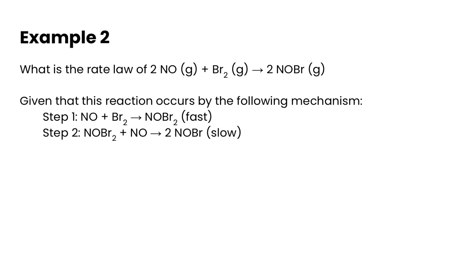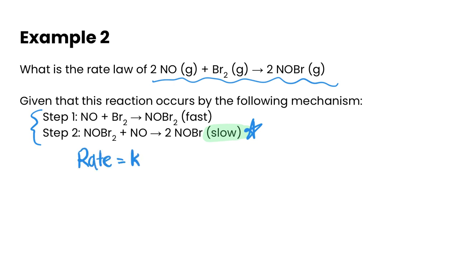We've got this overall reaction here, and we're given a reaction mechanism where now our rate determining step is our second step, our slow step. Okay, so what we've got to do here is, again, determine our rate law from our rate determining step. So we've got a 1 here and a 1 here again.